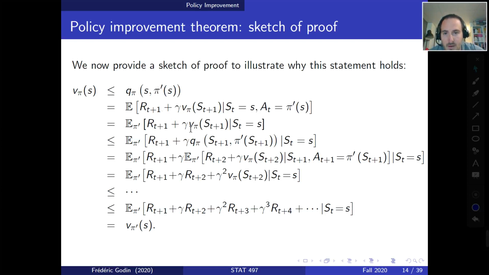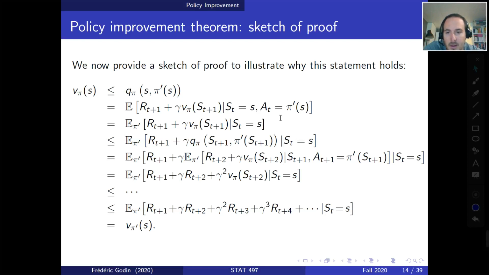So we can express this as the expectation under policy pi prime of R t plus 1 plus gamma v pi of S t plus 1, because the next reward and next state are determined according to this action, which stems from policy pi prime.